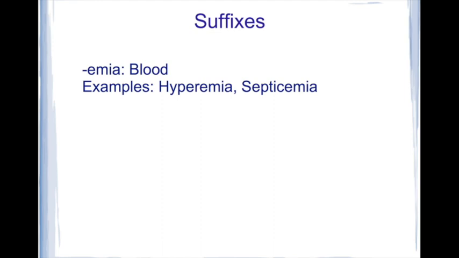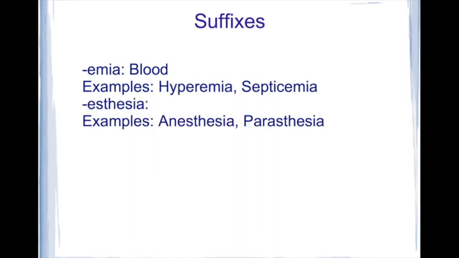Leukemia is another example. It's a type of cancer of the blood cells, specifically the leukocytes. So hyperemia, excessive blood flow in an area. What about ischemia, lack of blood flow in an area? Okay. Septicemia, blood infection, I suppose. You have a systemic infection throughout it, usually bacterial, not good.